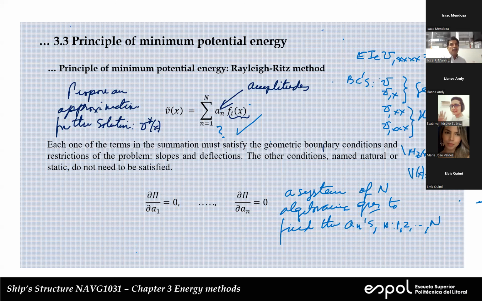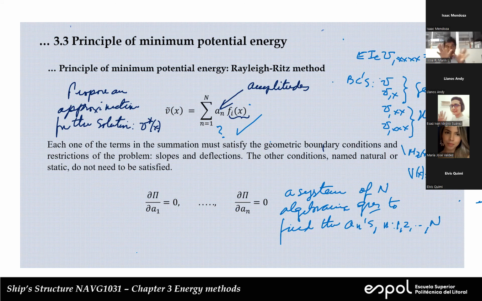Then we replace in the expression for the potential energy, integrate, get the full expression, and then go on and try to get the minimum. We have left these amplitudes as the variables, so it's like switching the values of the different a's.